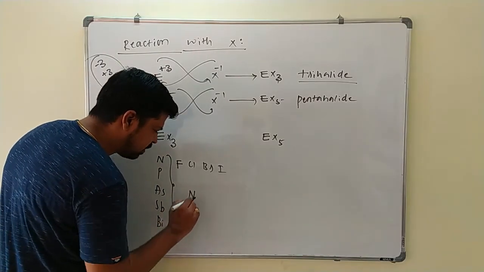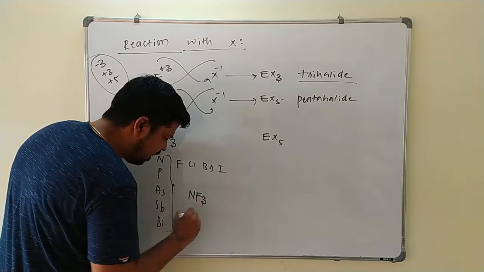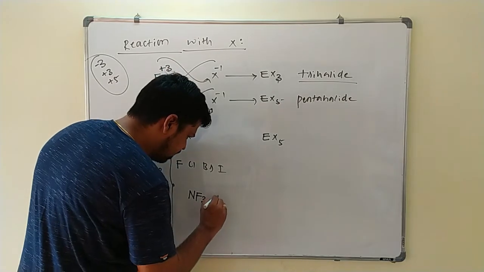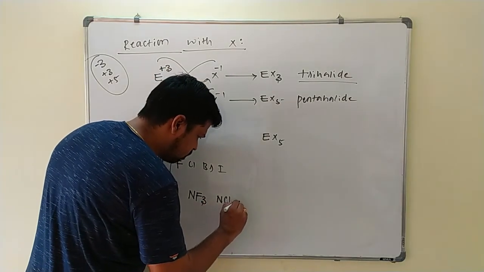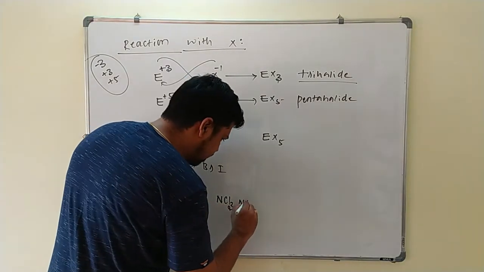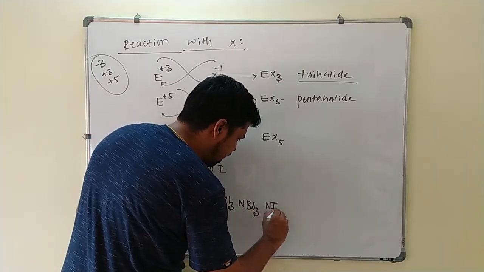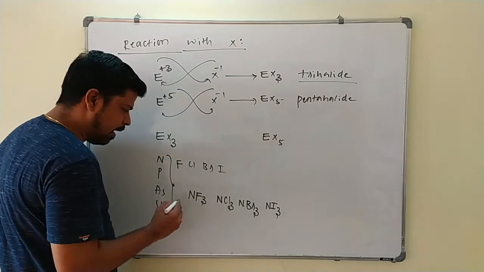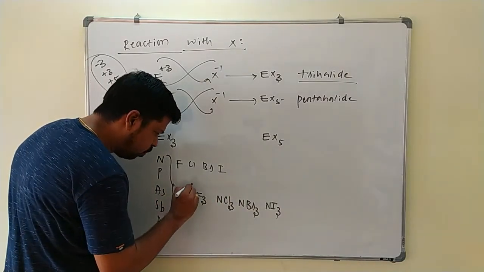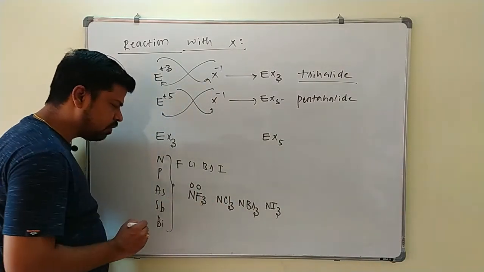Next, the trihalides of nitrogen: NF3, NCl3, NBr3 and NI3. Among the trihalides of nitrogen, only NF3 is stable because of the same size.